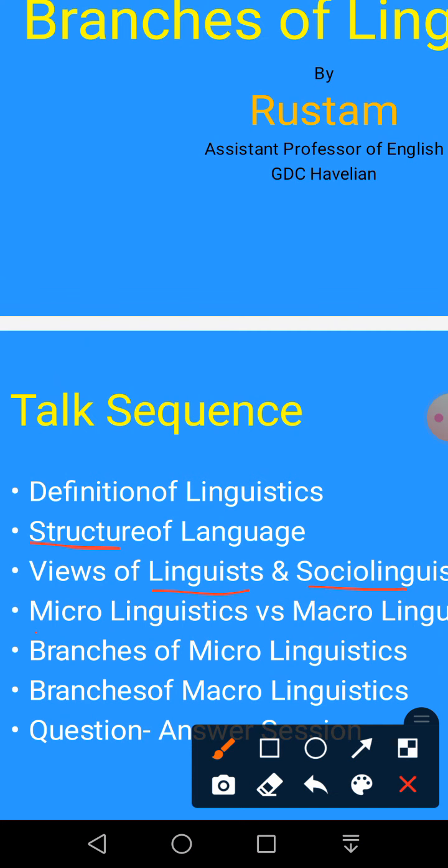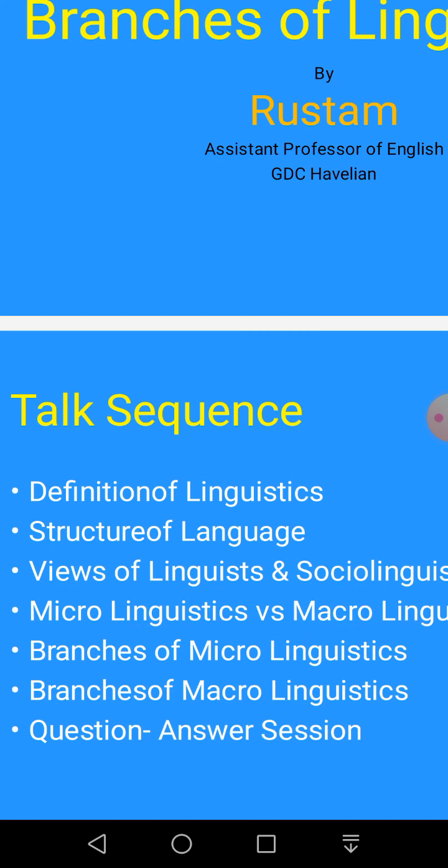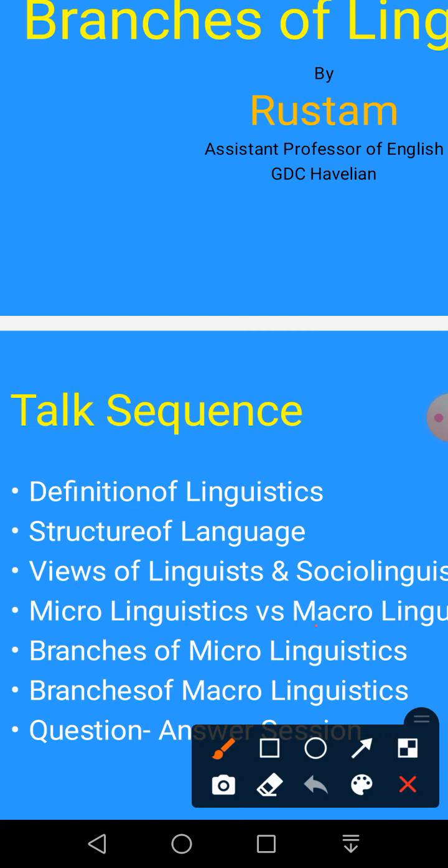Then I'm going to talk about microlinguistics and macrolinguistics. Microlinguistics deals with the internal structure of language. That is, I will discuss different sub-branches of microlinguistics. And then macrolinguistics, which deals with the relationship of language with other domains of life.